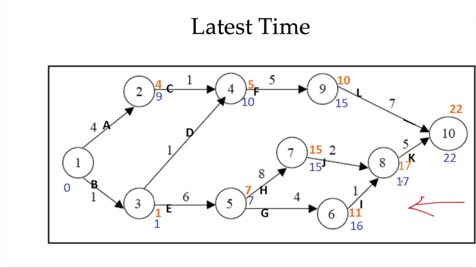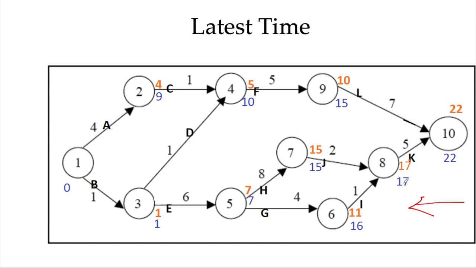This activity has to start at 17 because it finishes at 22, minus 5 because it requires 5 days. Otherwise this whole project cannot be finished on the 22nd. This activity finishes on the 22nd and requires 7 days, so it could have been started on 15 also.